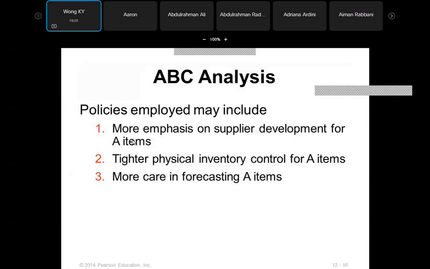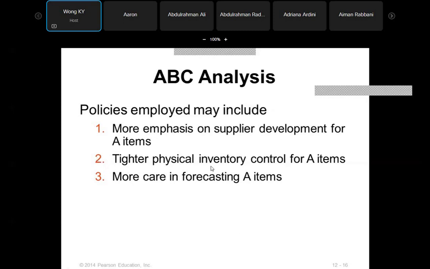Class A inventory items are very important and have high values, so we want good suppliers that can deliver good quality inventory. To ensure that, we may have to engage in a supplier development program, making sure our suppliers are capable of delivering high quality Class A inventory items.